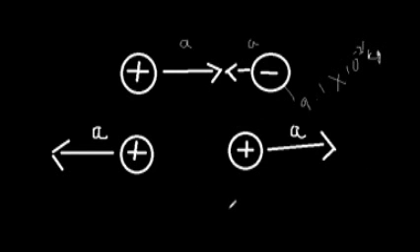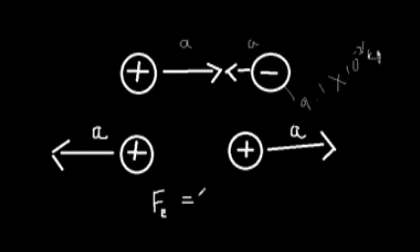So what we basically conclude is that there is a force acting, and this force is the electrostatic force. You can just write it like this, and it is a vector quantity, but I'm just taking the magnitude. And what is this force?